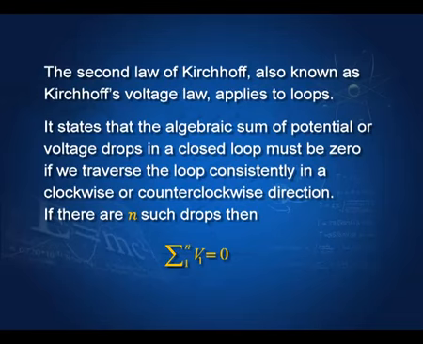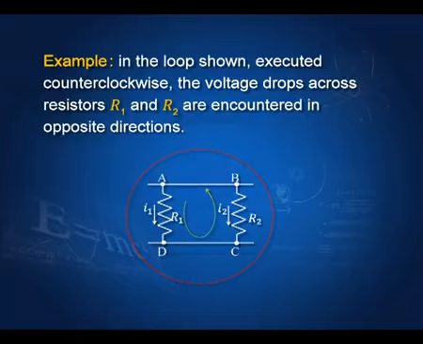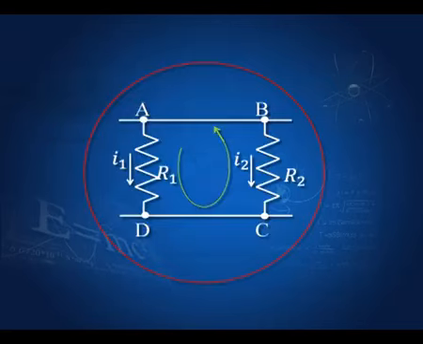And if we do that, then V1 plus V2 plus V3 plus V4 must all add up to 0. Take this example for this loop, and we are going to traverse this loop in anti-clockwise direction. You see in this the current I1 is like this. So, it is in the same direction as the loop. Therefore, the potential drop across R1 is I1 R1.